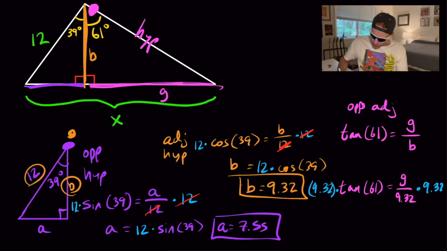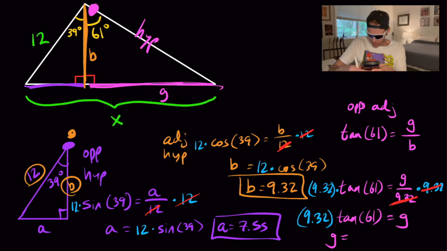The 9.32s on the right side are going to cancel out. So we're going to be left with 9.32 times tangent of 61 is equal to G. So when I plug that into the calculator, 9.32 times tangent of 61, that's going to be 16.814, we can call it.